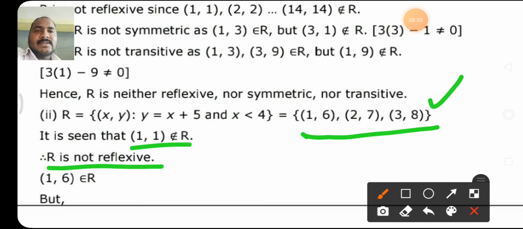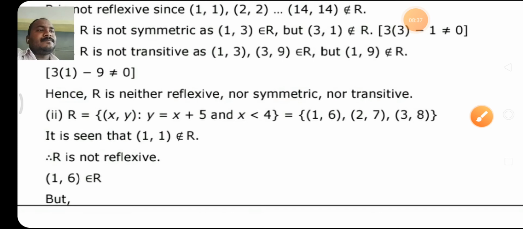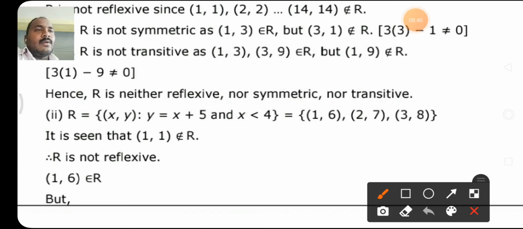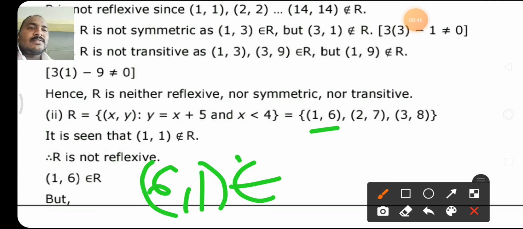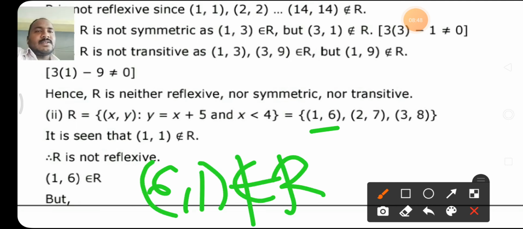Next, to check symmetric, (1,6) belongs to R, but (6,1) does not belong to R. Because of this, R is not symmetric.